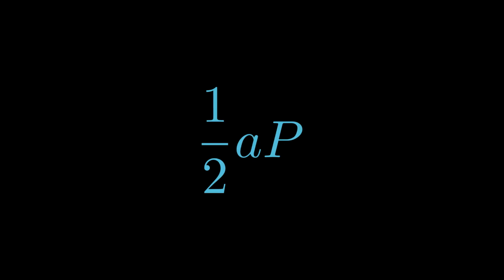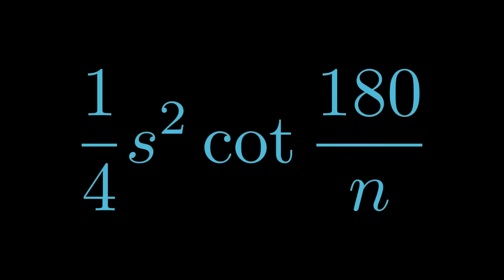Now I've mentioned earlier that there is another formula in finding its area, and it's based on trigonometry. The formula is this: 1/4 S squared cotangent 180 over N, where S is the length of one side and N is the number of sides implied by the polygon's name. How do we come up with this one?